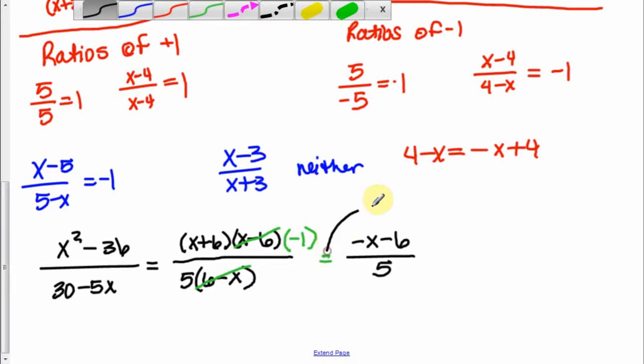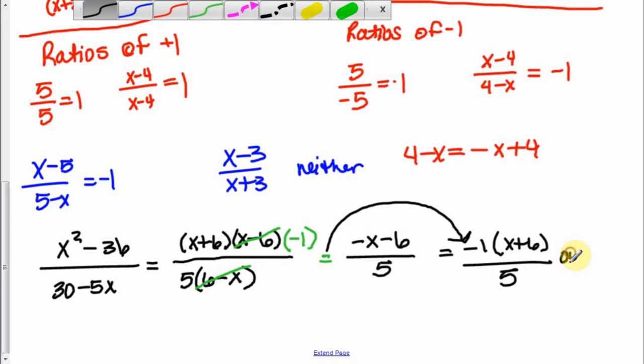Maybe I should have put this step in there. This is my answer, of course, but maybe I should have done this for you. -1 times x plus 6, like this first maybe, just to make it a little more visible. And then you see you can distribute it to get this.